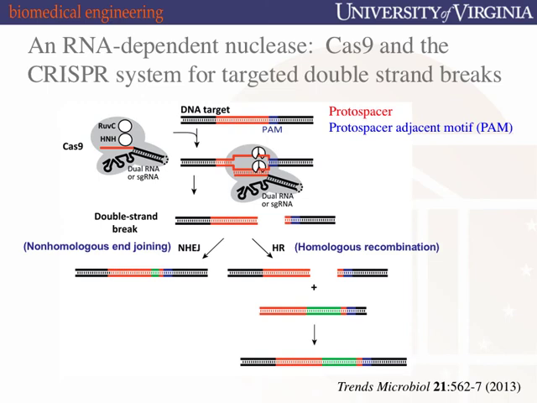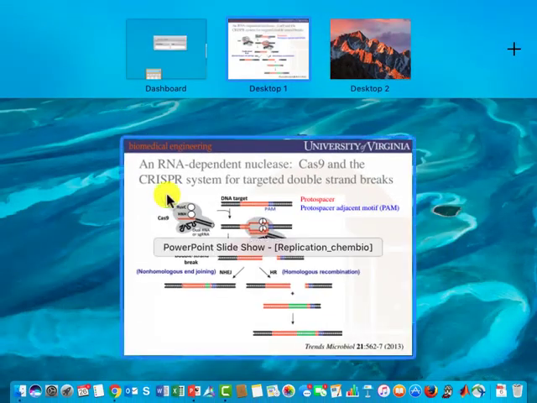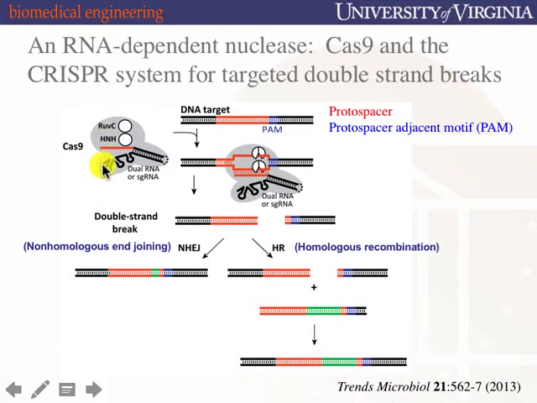And so what folks have figured out smartly is you can actually synthesize what's known as a single guide RNA, this sgRNA, which has a targeting sequence that is complementary to some region of your gene that you want to perturb. Okay? So let's say there's ongoing work to fix your CFTR.